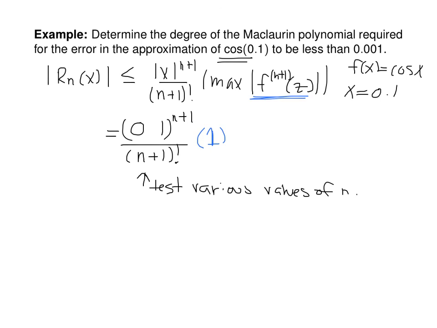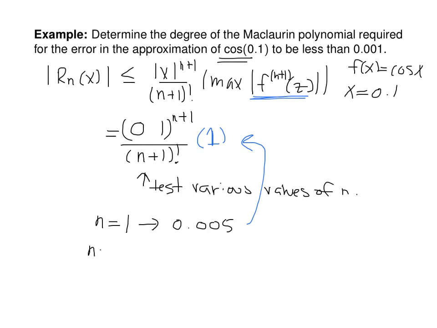0.001. So when we plug in n equals 1, I get 0.005 for this expression. So that means that the maximum error is 0.005, which is not less than 0.001.